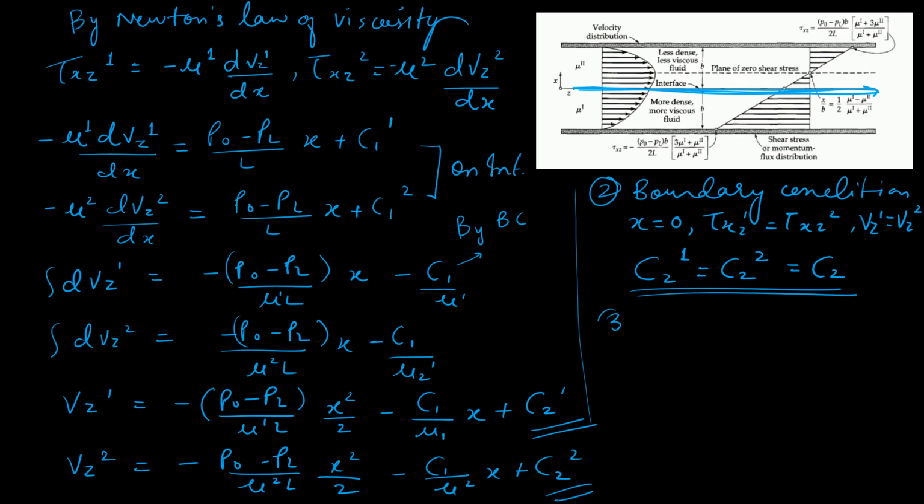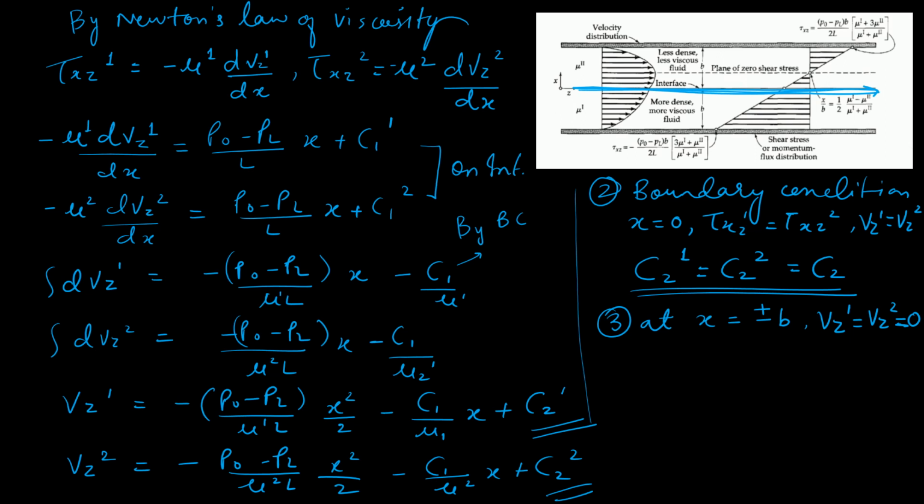Now the third boundary condition: at x equals to plus or minus b, I have vz1 equals vz2 equals 0.